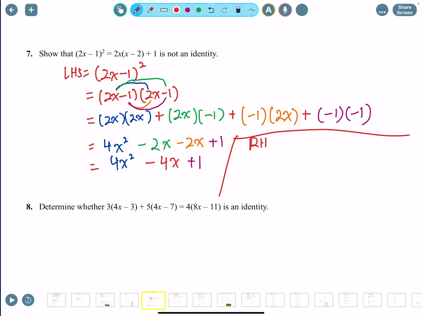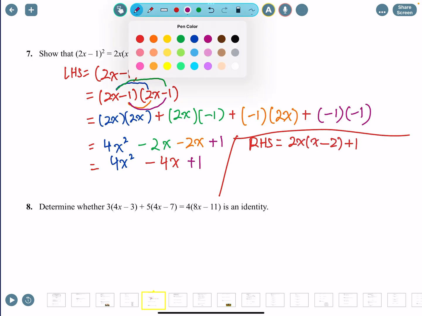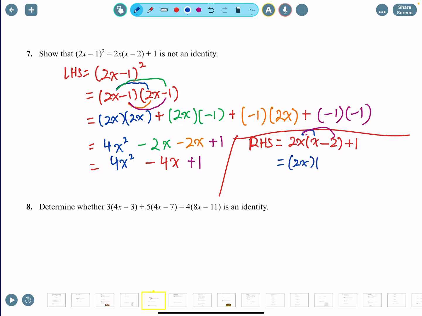So right hand side, let's see what we have. Right hand side equals 2x(x - 2) + 1. Again, we have a times here, so we have to open up the multiplication. Rainbow method: 2x times x, separated with a plus, 2x times negative 2.